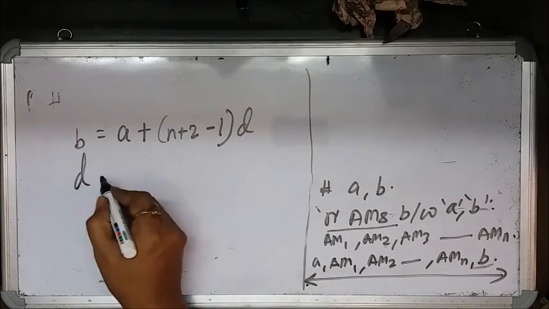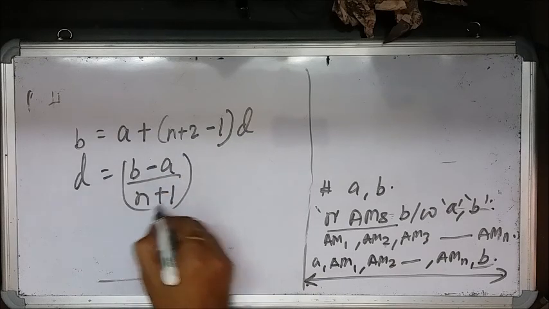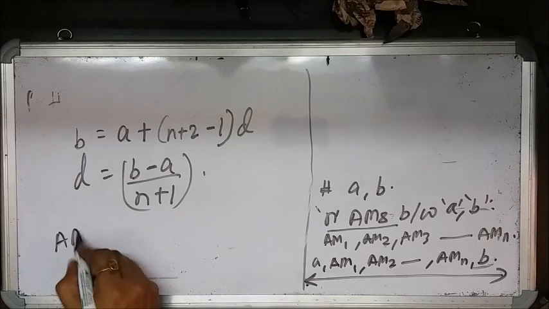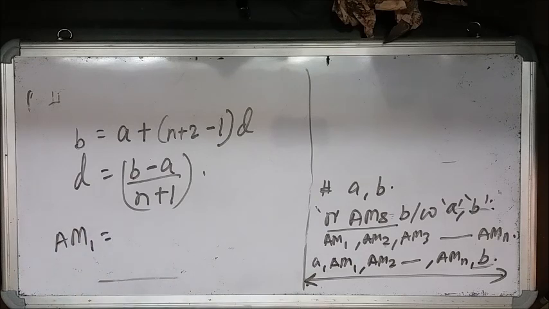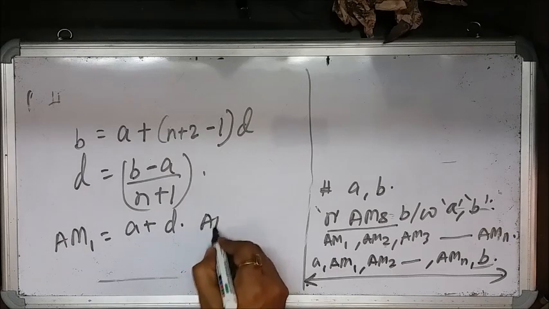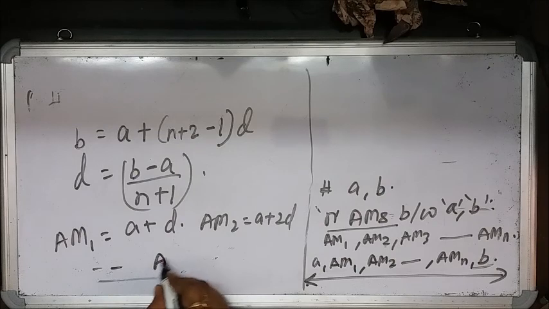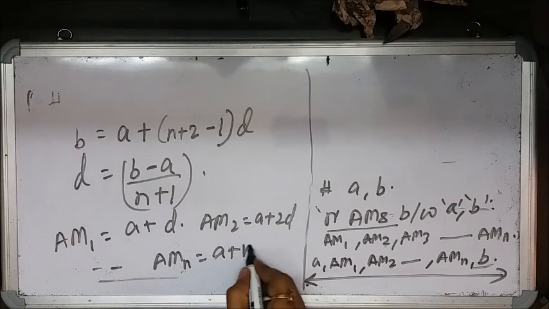So what I can find out from here is that D will be equal to (B minus A) divided by (n plus 1). So can I say that the first arithmetic mean between A and B will be A plus D? The second arithmetic mean will be A plus 2D. Similarly, the nth arithmetic mean will be A plus nD.